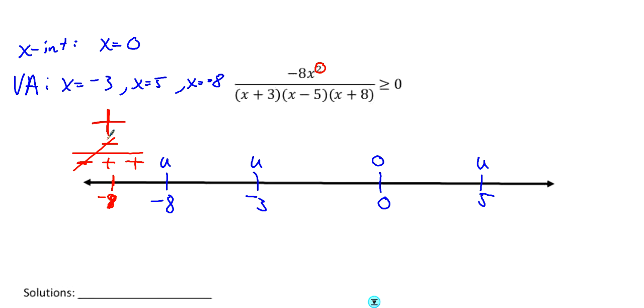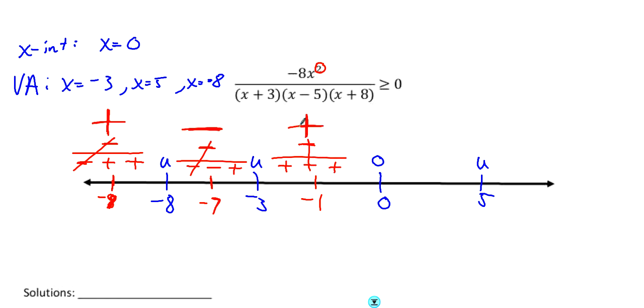So here my function is positive. Here I'm going to plug in, say, -7. Again, numerator is always going to be negative. This one's going to be negative, negative, positive. Then I net negative here. Then pick a number between -3 and 0, like -1. Again, top will always be negative. The bottom, positive, negative, positive.